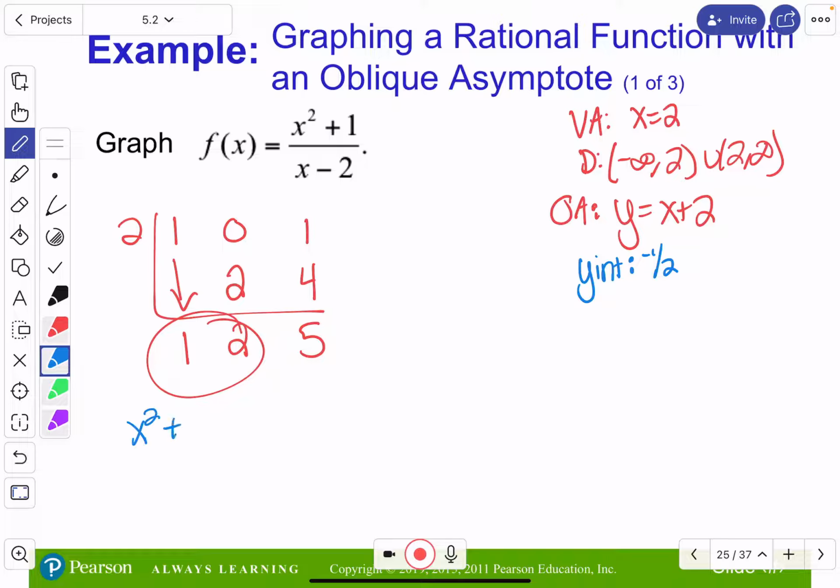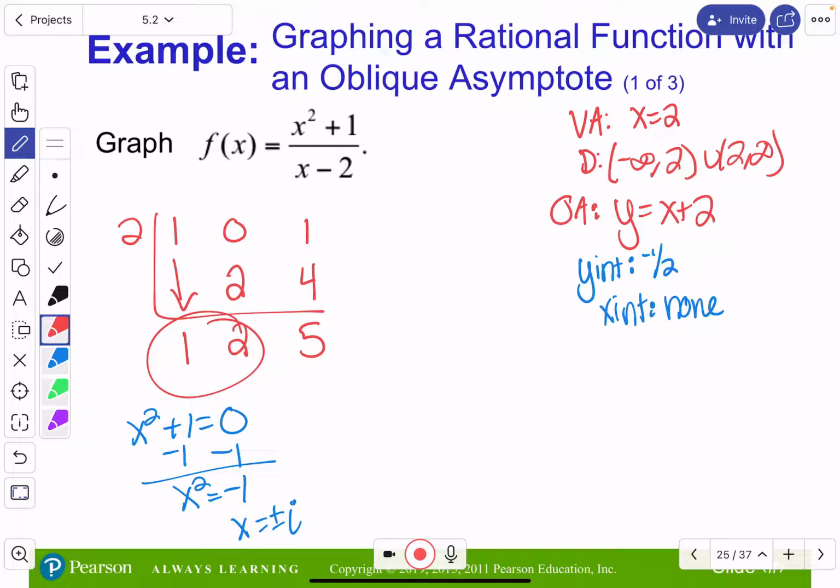X-intercepts, we set the top equal to 0. x squared equals negative 1, so we get x equals plus or minus i, which means on a graph, there's no x-intercepts. And then intersection point. So we want to test if this ever crosses that. So we say x plus 2 equals (x squared plus 1) over (x minus 2).